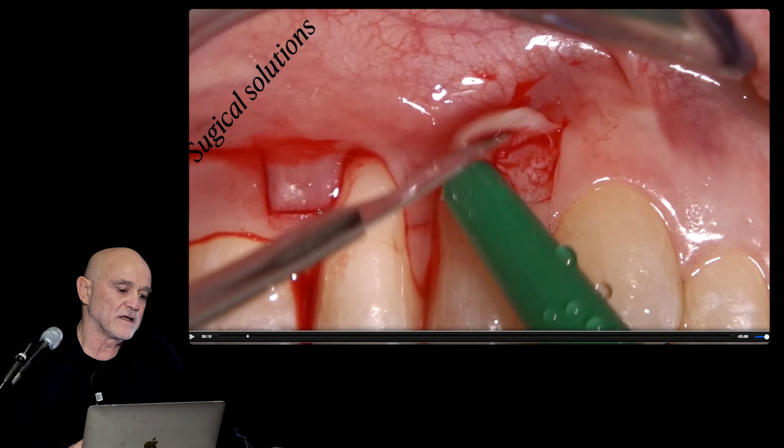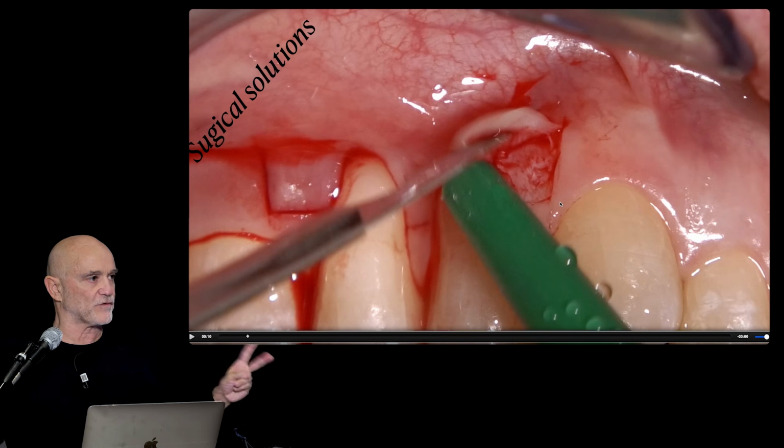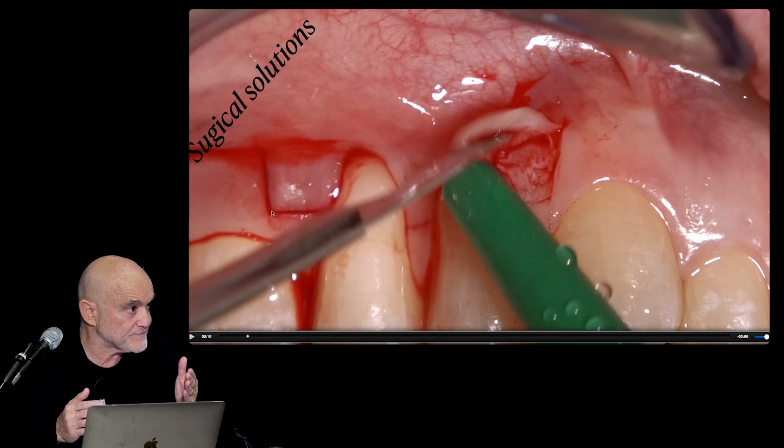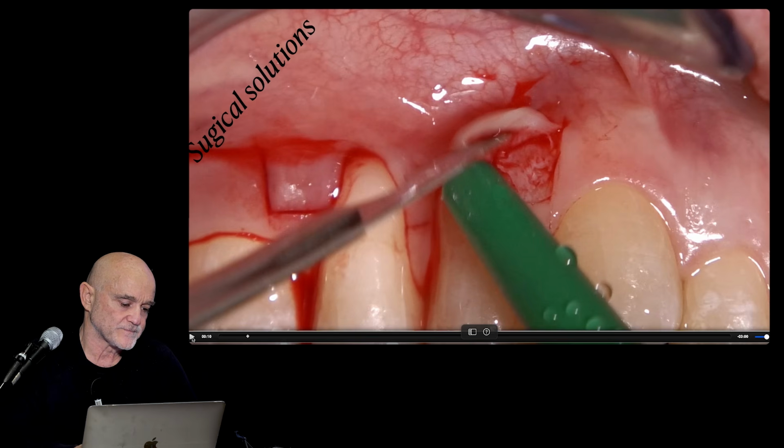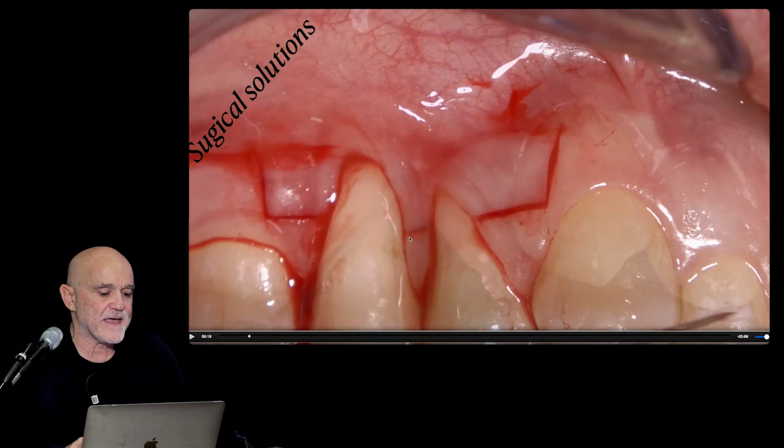And obviously, you can work at the level of the two adjacent papillae as much as possible, making them even wider than the 3 millimeters. So the flap here remains very stable because there is a lot of blood supply. The flap remains stable, and this can help the stability of the flap also in the area of weakness. Where you make the horizontal incision should be in keratinized tissue.